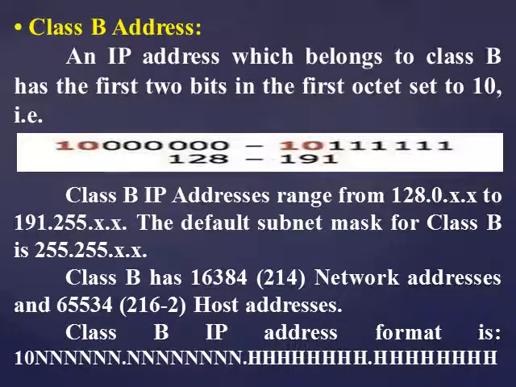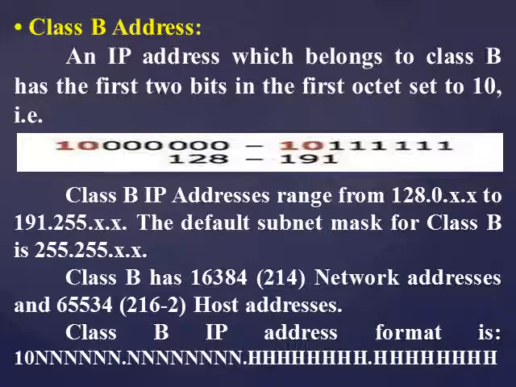Now the second class, that is class B address. An IP address which belongs to class B has the first 2 bits in the first octet set to 10, as shown in the figure by red color. Class B IP addresses range from 128.0.x.x to 191.255.x.x.